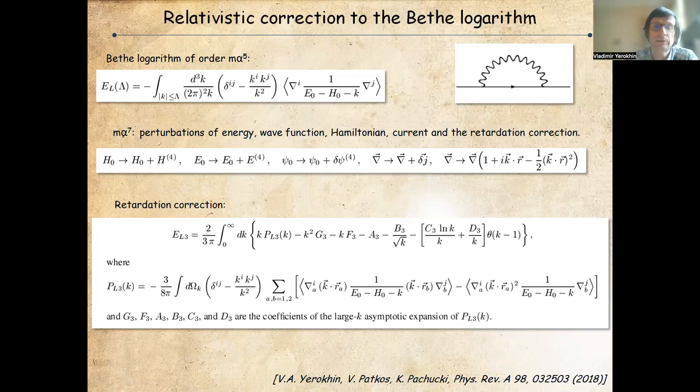But instead of just two terms for the standard Bethe logarithm, here we have to subtract six terms of large k asymptotics. So the idea of the calculation is quite similar to the standard Bethe log, but numerically it's much more challenging.